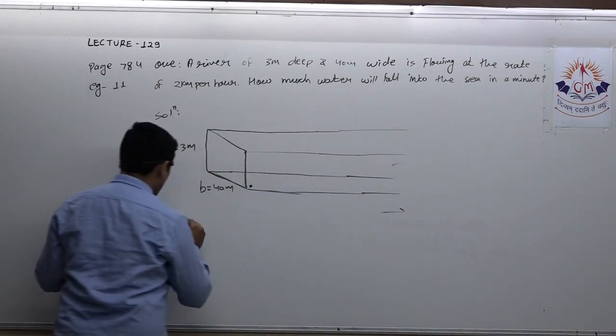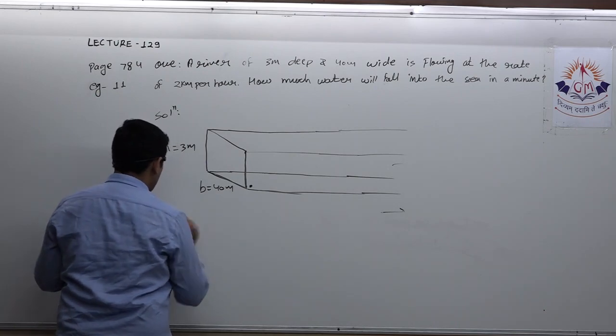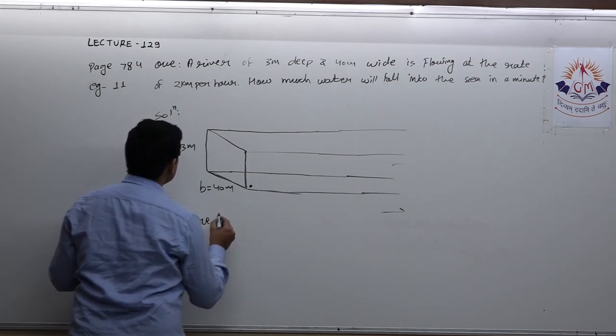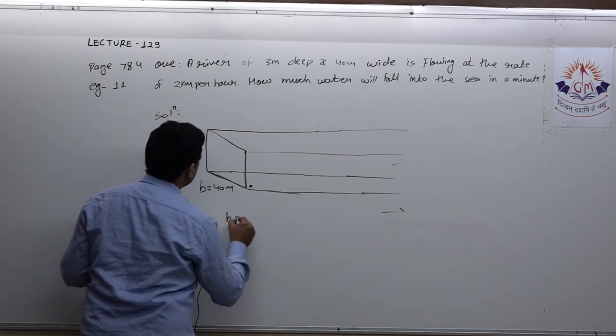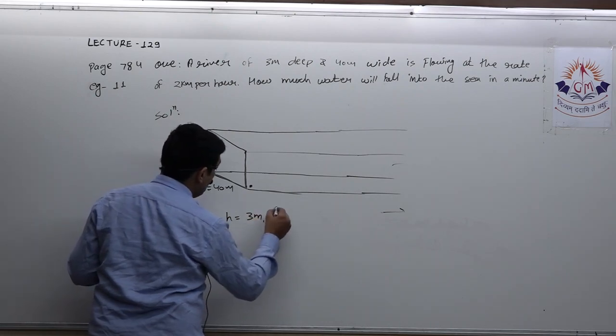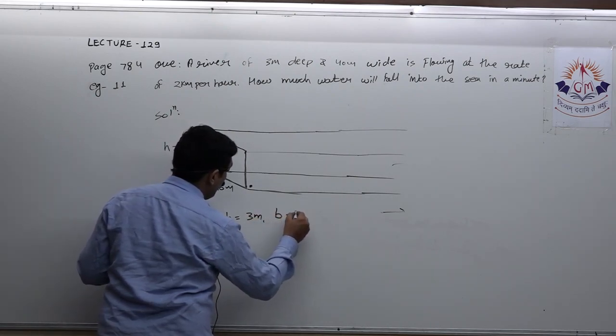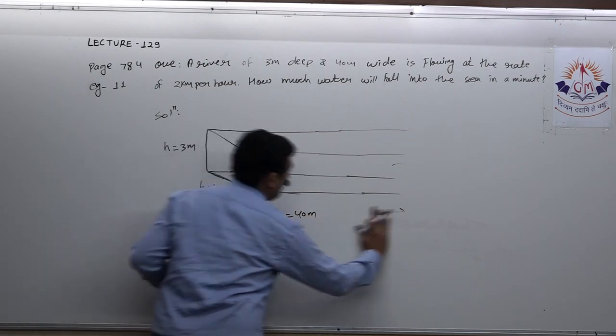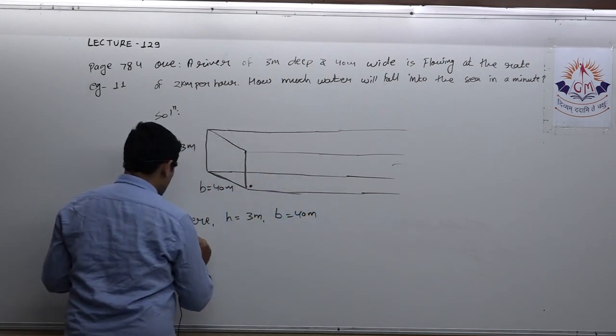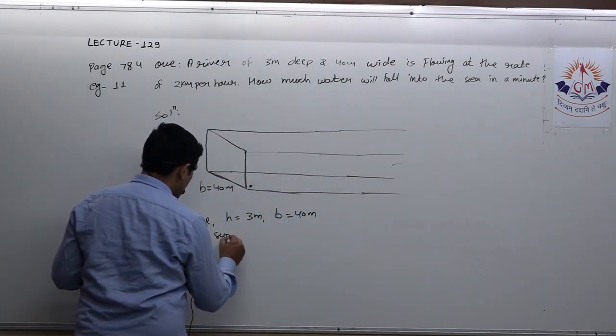Okay, here h is equal to 3 meter, B is equal to 40 meter.